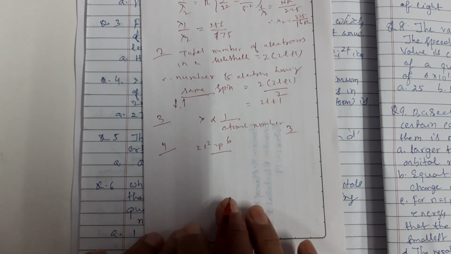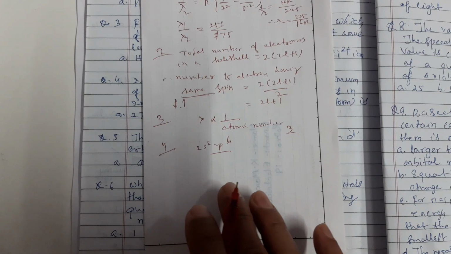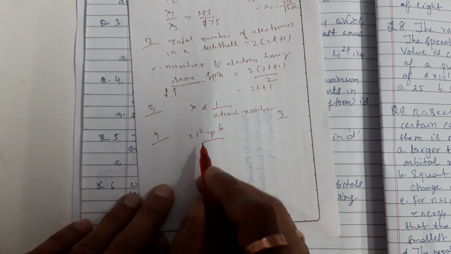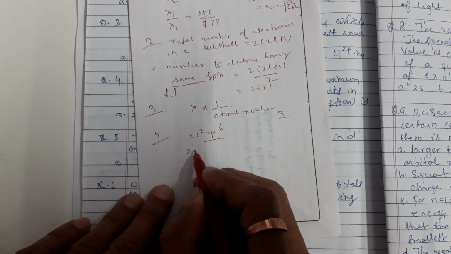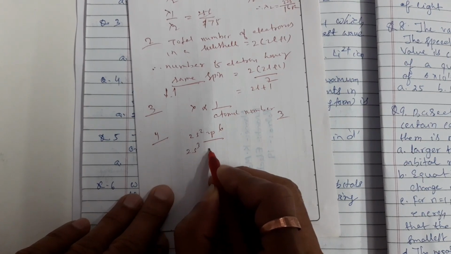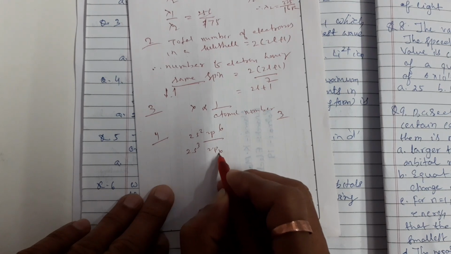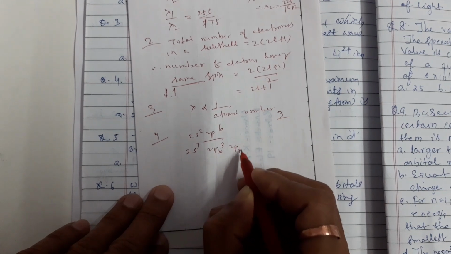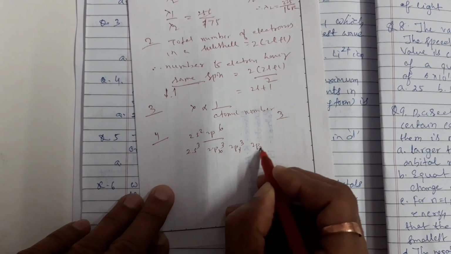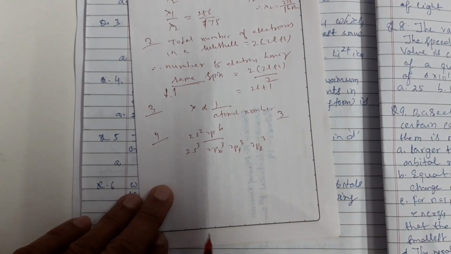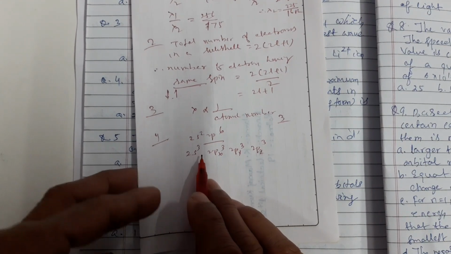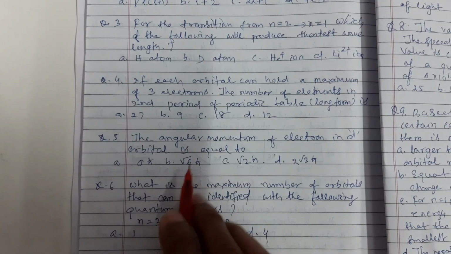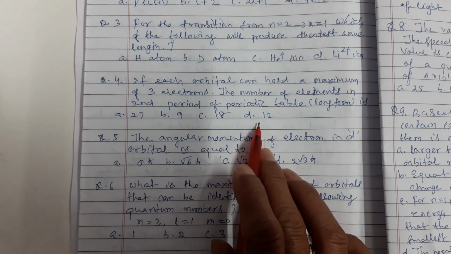If each orbital holds 3 electrons, the configuration will be 2s3, 2px3, 2py3 and 2pz3. So what is the total number of electrons? This is 9 and this is 3, that is 12. So D is the correct answer.